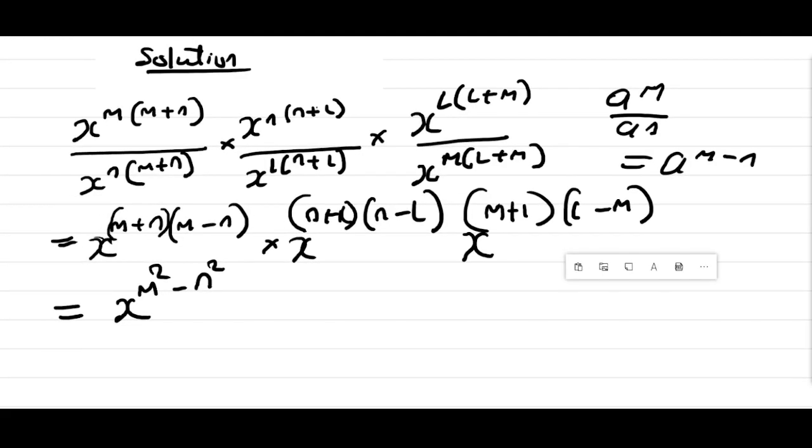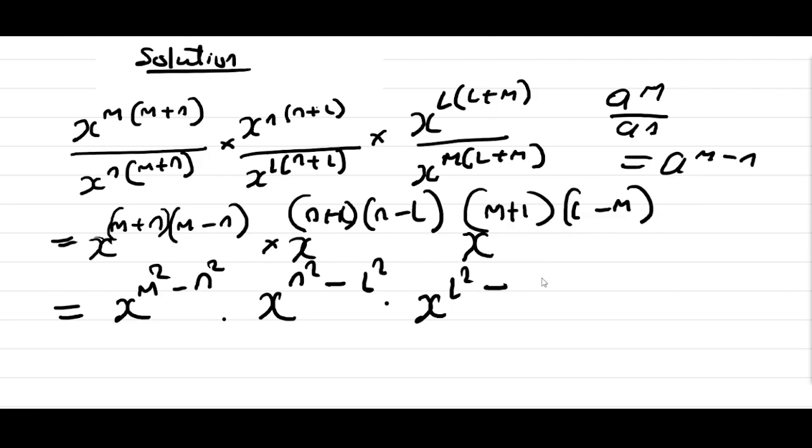So this is times x to the n squared minus l squared, and then the last one is x to the l squared minus m squared.